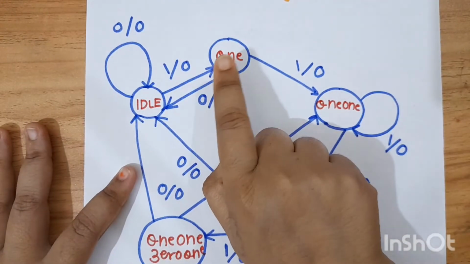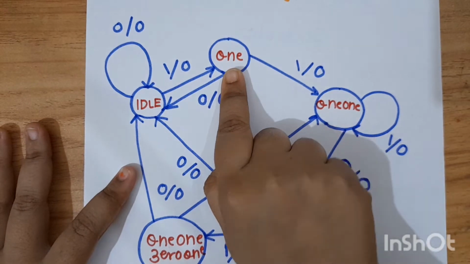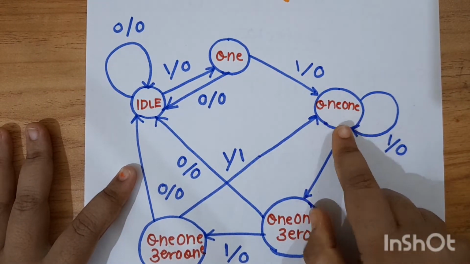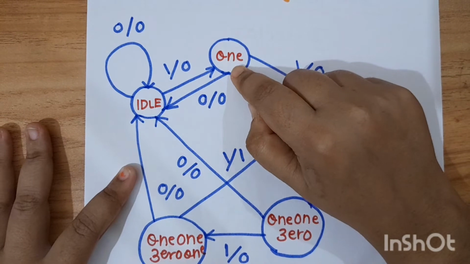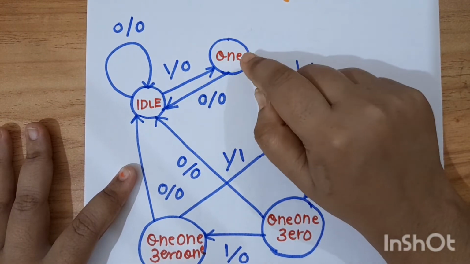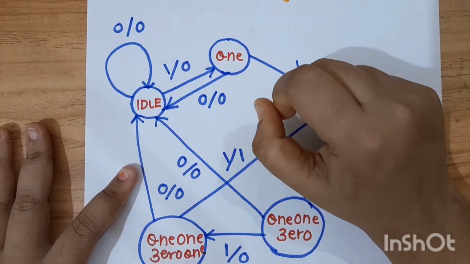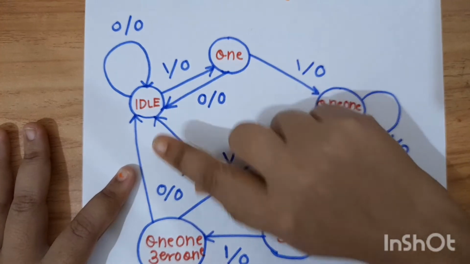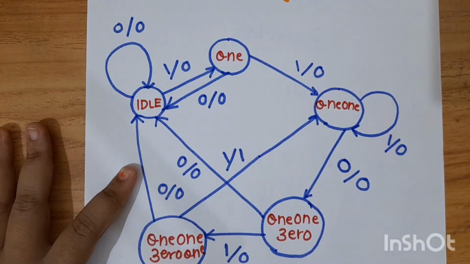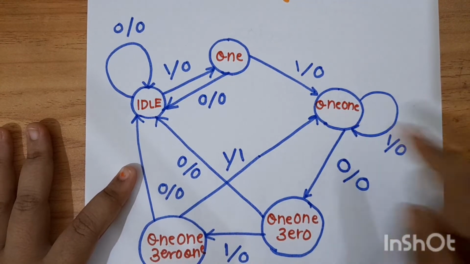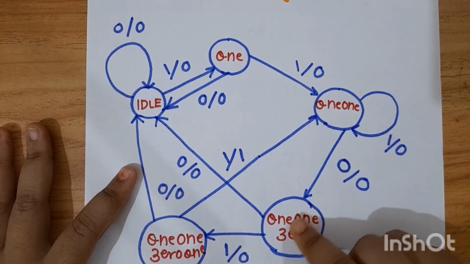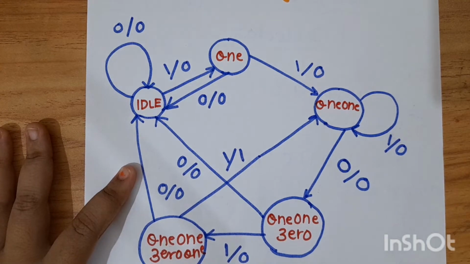In the 1 state I spoke about getting 1 and moving to the 11 state. But in the 1 state if I get 0, then 10, no pattern, it is not the beginning of the pattern to be detected. So I move to the idle state where I am awaiting the pattern 11011. So here input is 0, output is 0. In the 11 state, if I get 0, then I go to the 110 state, the first 3 bits of the pattern to be detected.